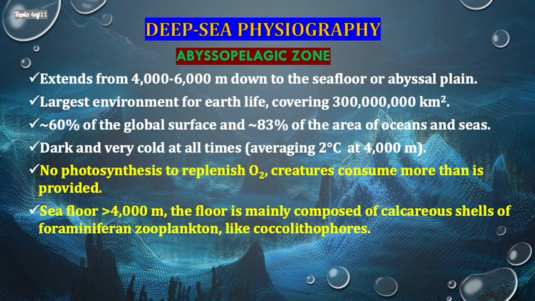So the abyssal plain, or the seafloor below 4,000 meters deep, is mainly composed of calcareous foraminiferous zooplankton like coccolithophores.